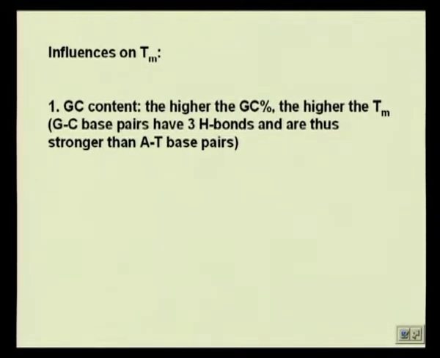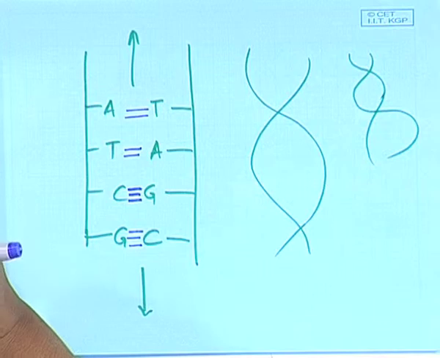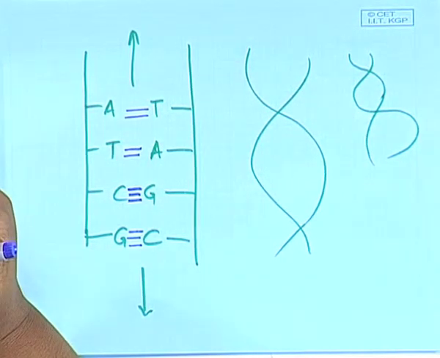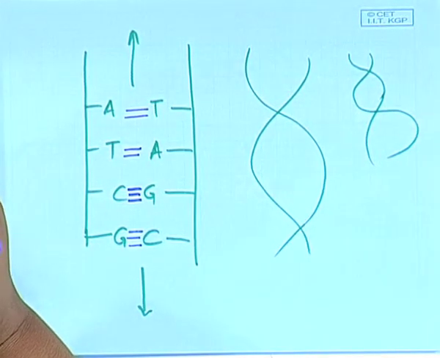What other factors do you think might be important? You know what interactions stabilize the DNA, right? We know what interactions stabilize the DNA. So, the basic idea in this case is going to be disrupting those interactions, right. So, what else is stabilizing the DNA? We have electrostatic repulsion, right.